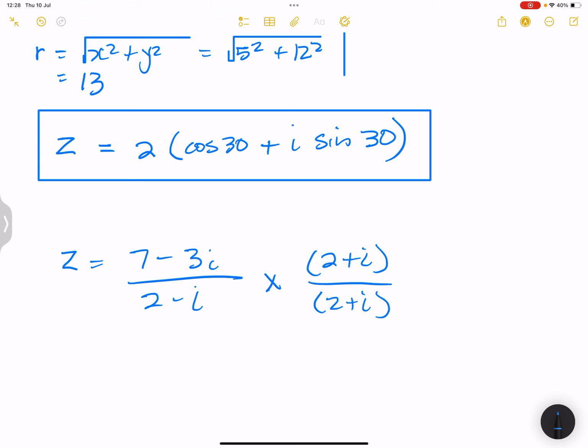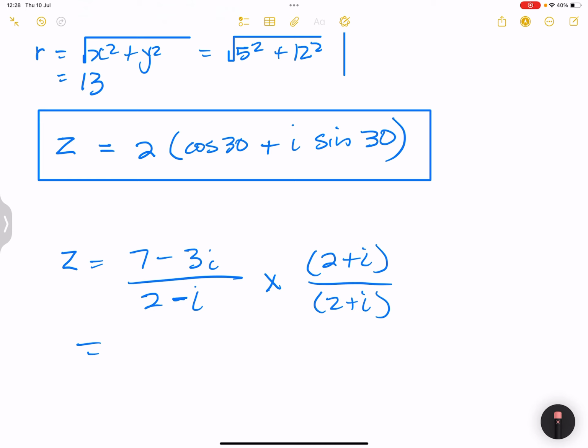And if you don't know what I'm referring to, please watch our video on the division of complex numbers. So that's the conjugate of the denominator, the denominator is the one whose conjugate we multiply by.